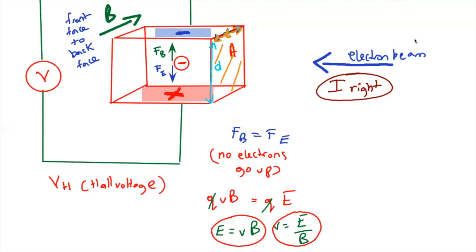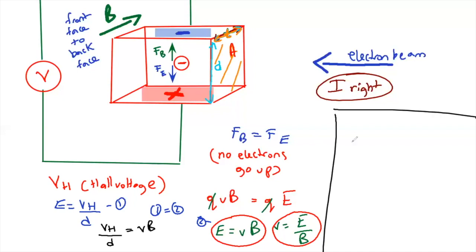So what is the formula for electric field and voltage? That is E is equal to VH divided by D. So can I say that E is equal to E? I'm going to equate 1 and 2. So at the end of the day, I end up with VH divided by D is equal to VB. That's what I get. Now let's continue the derivation over here.